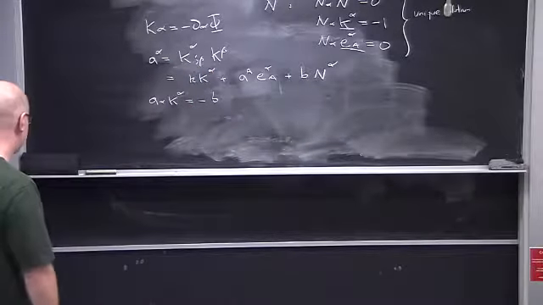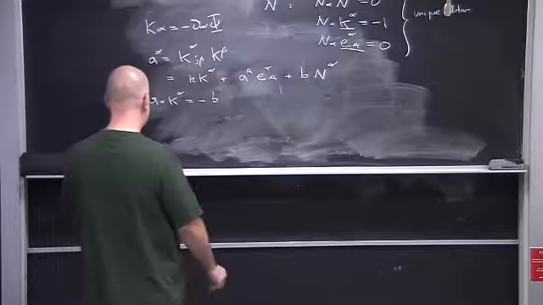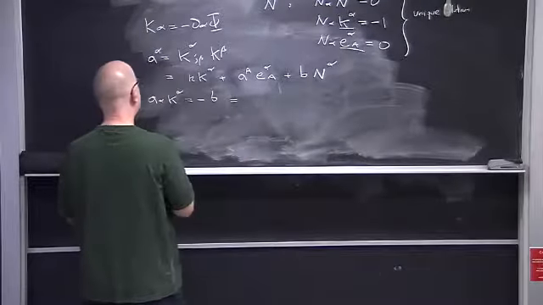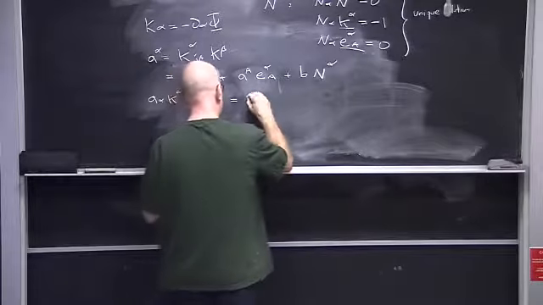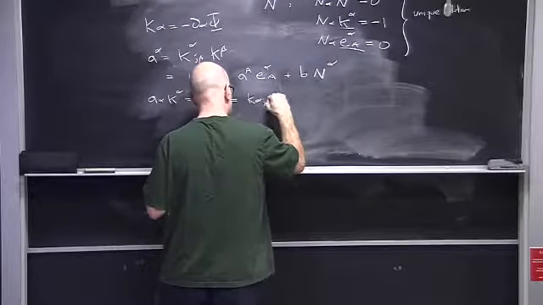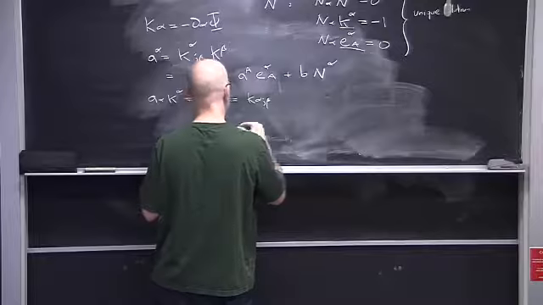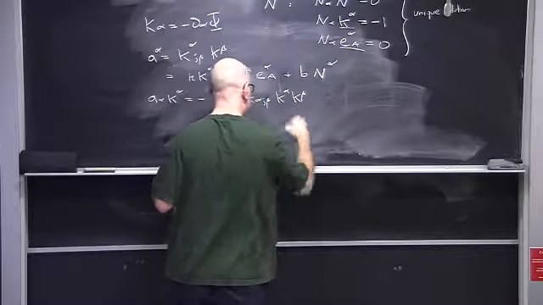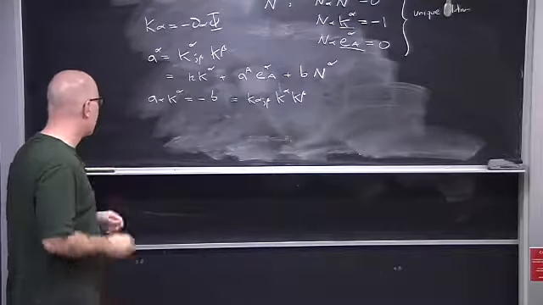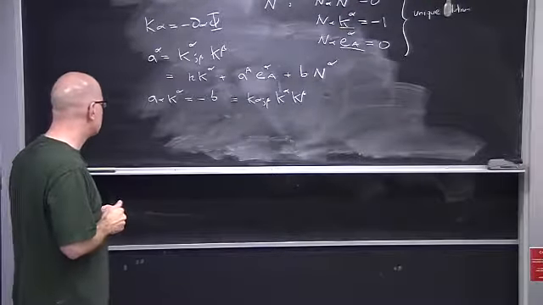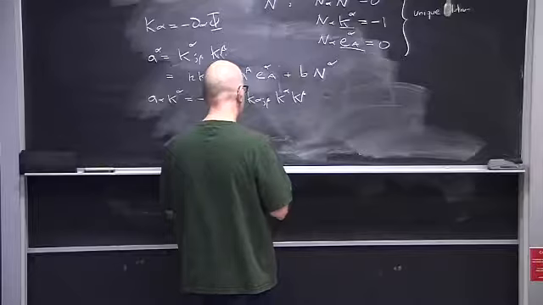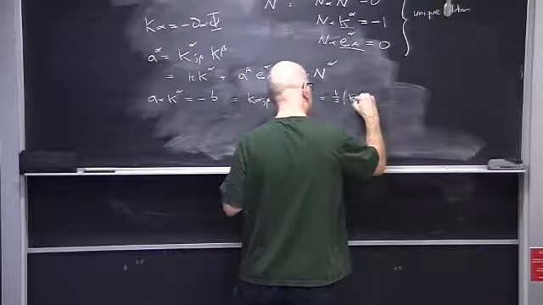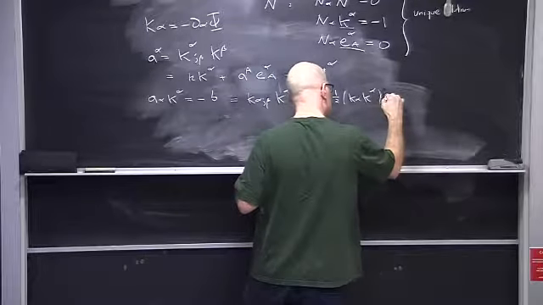Okay, so what is b? Minus b then is going to be k alpha differentiated with respect to beta, and then we multiply by k, and we multiply again by k. This is the same thing as 1/2 k alpha differentiated in k.